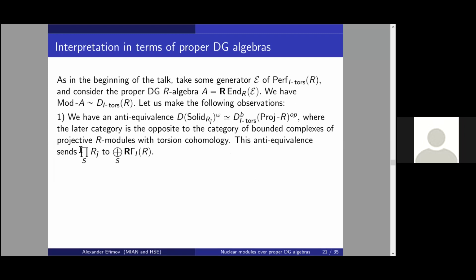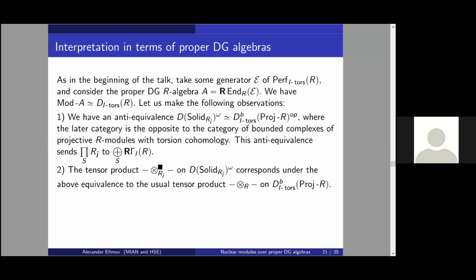And the anti-equivalence sends the product to the direct sum of copies of the local homology of R. So this is basically an exercise, and the tensor product under this anti-equivalence corresponds to the usual tensor product, of course the derived tensor product over R.